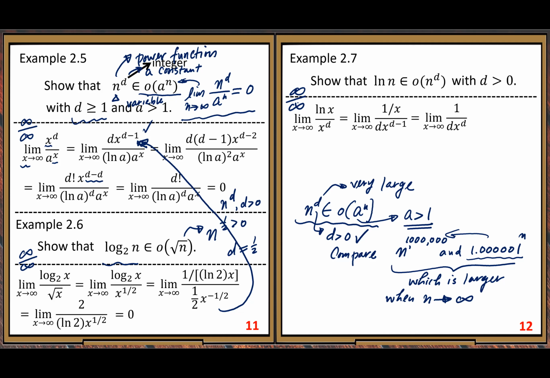After simplification, we get this expression. It's not an indeterminate form. The numerator is a fixed number, 1. The denominator goes to infinity when x approaches infinity. So the answer is 0. Here you can see we only need d to be a positive number. This limit goes to 0, no matter how small that d is.